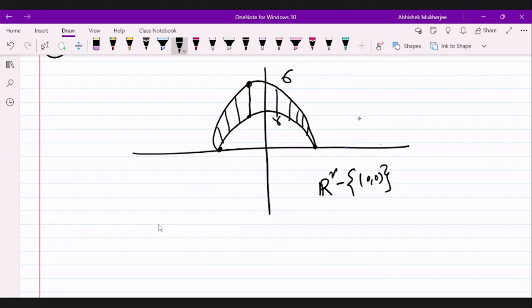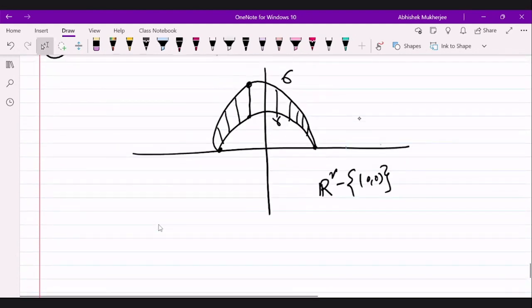So that means these two paths are homotopic, and during the homotopy these two terminal points will not be changed, right?